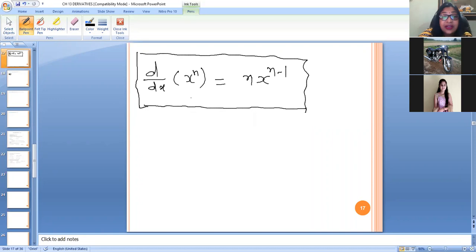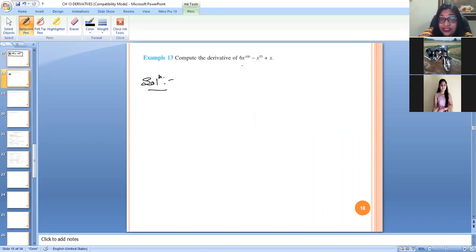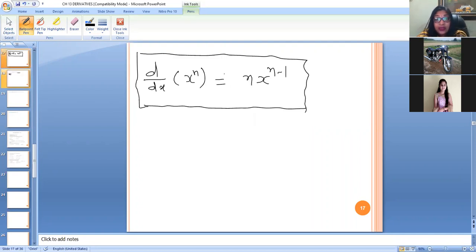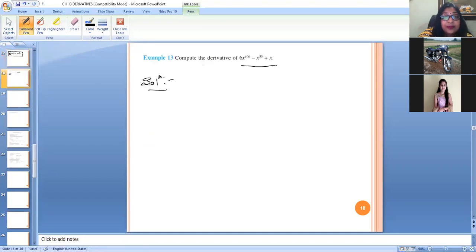If it is mentioned to use first principle, then definitely you will use first principle only. But for such cases, first principle will not be mentioned, because it is quite obvious that x raised to power 100 is not easy to solve. So the derivative of x raised to power n is n x raised to power n minus 1. We will apply this formula.